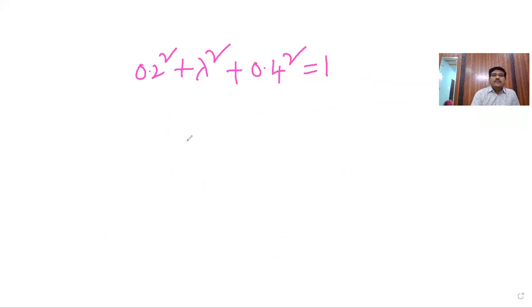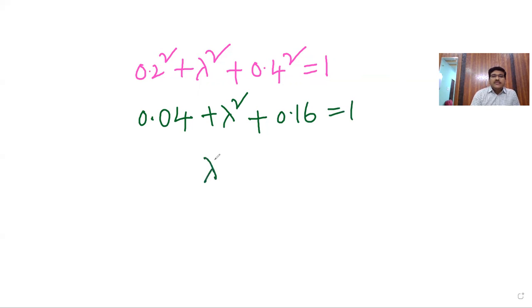0.2 square is 0.04 plus lambda square plus 0.16.